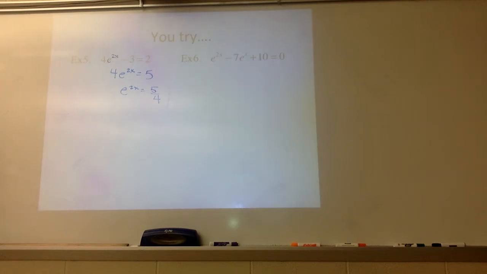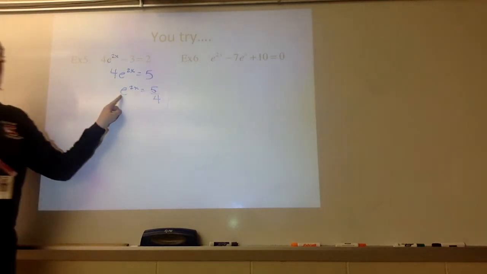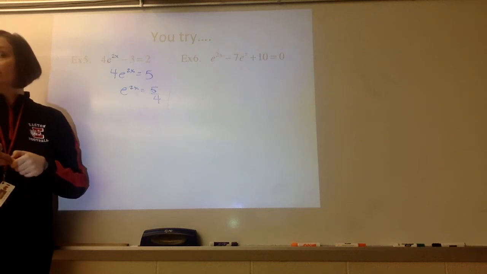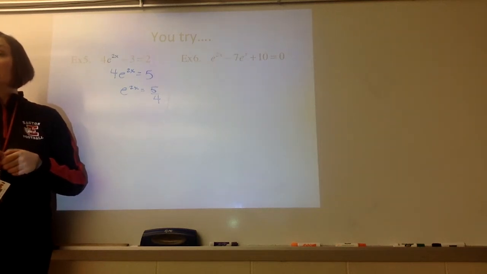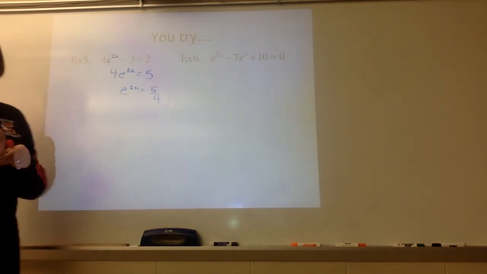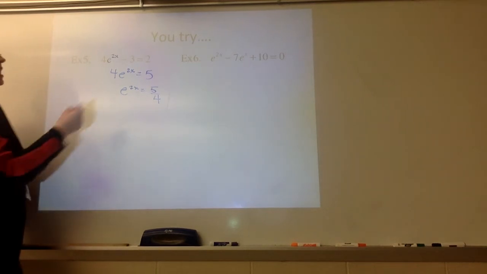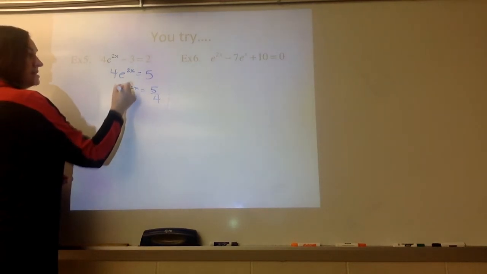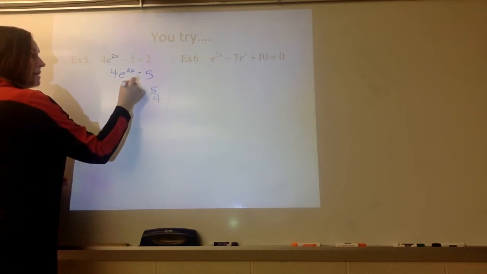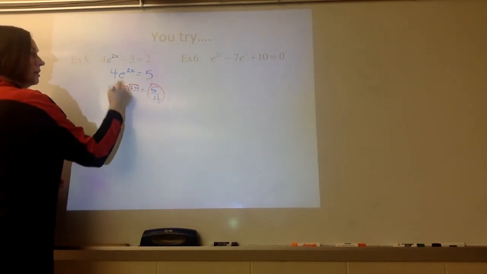Now, what is our next step when we have 1 exponential base? Convert, right? We want to convert. So we talked about the fact this is kind of like my base down here. This is my power circle. Yes?